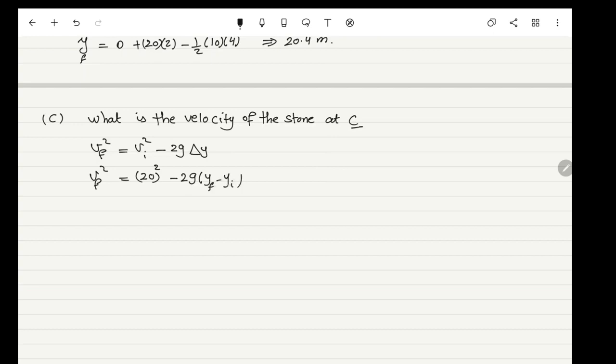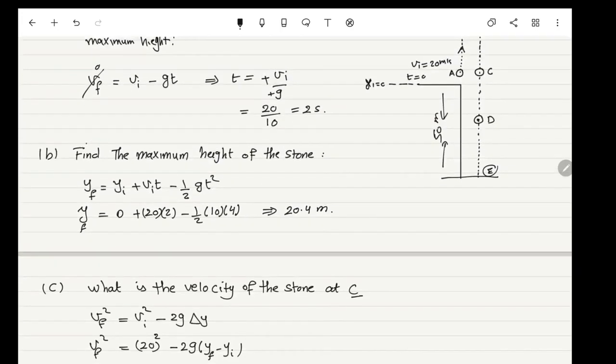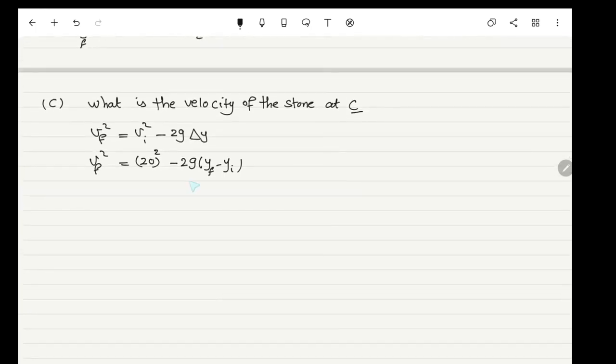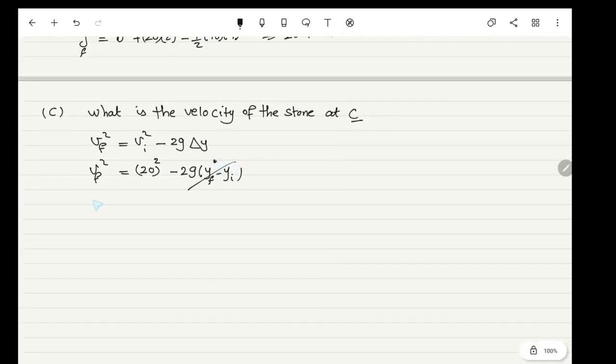But Y final is the same as Y initial, it's the same height here, so this part goes to 0. So V final equals the square root of 400, which equals plus or minus 20 meters per second. The plus means the object is going up, and the minus means the object is going down. So in this case, we adopt V final equal to minus 20 meters per second.